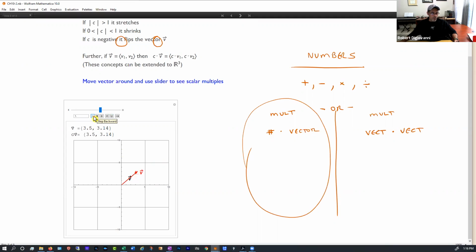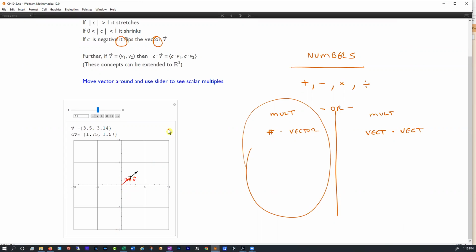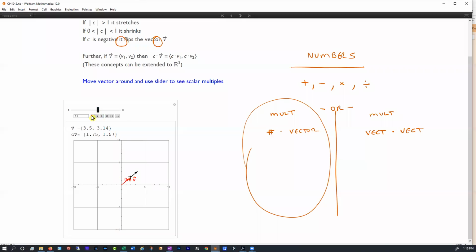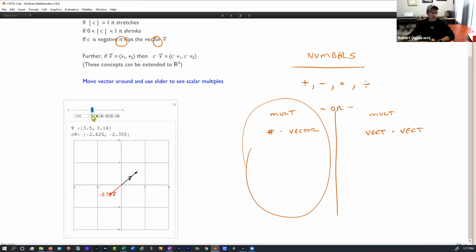What if I multiply by 0.5? What happened there? It's hard to see this. It cut it in half, so it's half as long, but it's still pointed in the same direction, isn't it? What if that number is negative? Look, if I multiply it times -1, what happens?